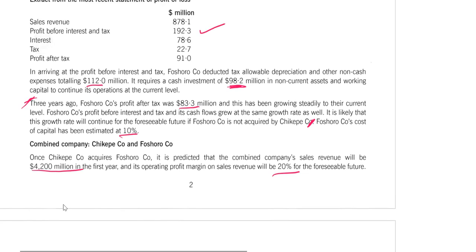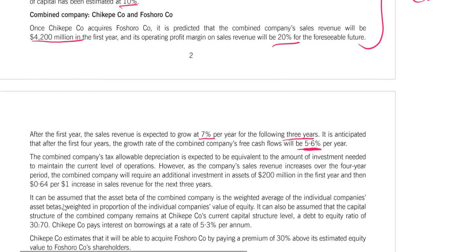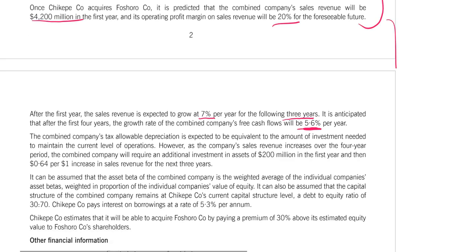This part is quite similar to the previous past paper question, and this part is quite similar to the purchasing company part. So if you practice these two questions, you will see that past exam papers resemble each other.